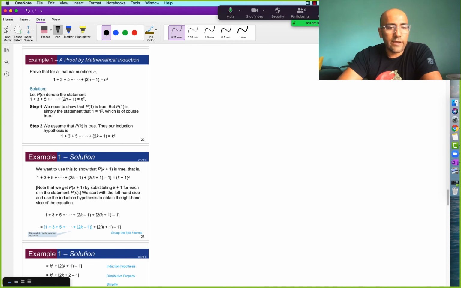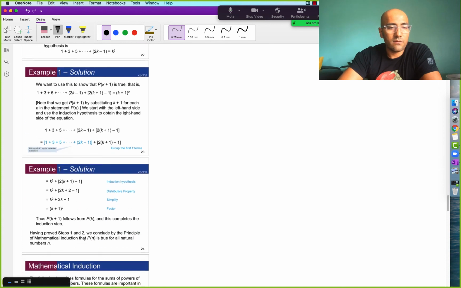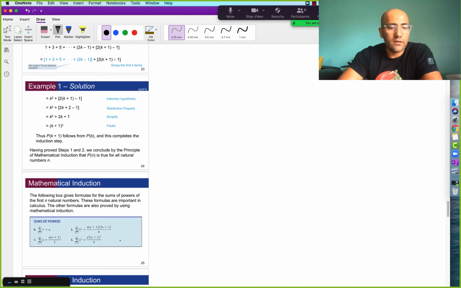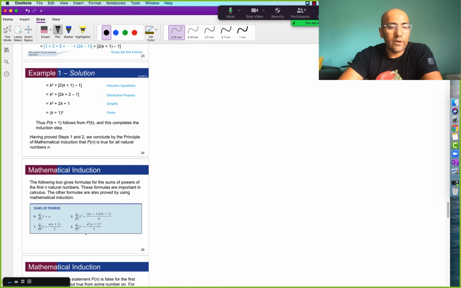Note that the one right before it would have been the kth value, so this is 2k minus 1. Then the sum of the first k values just equals k squared. This part here is k squared. And so we get k squared, distribute, combine, and we end up with the same thing. Good, good. There are some very common ones.